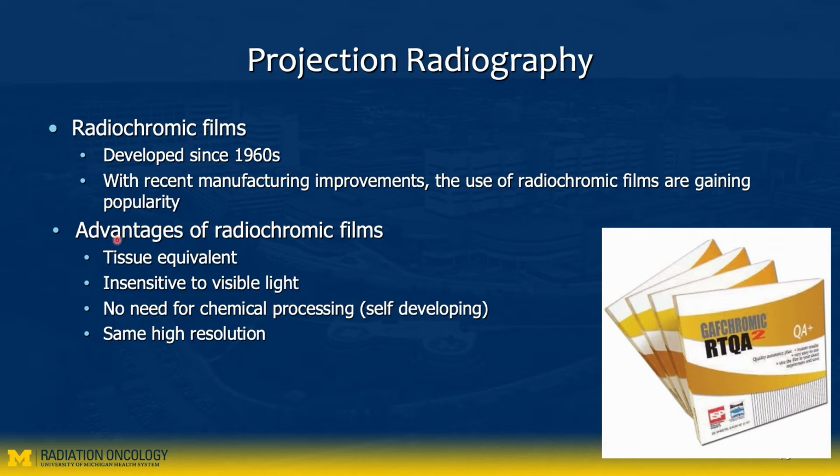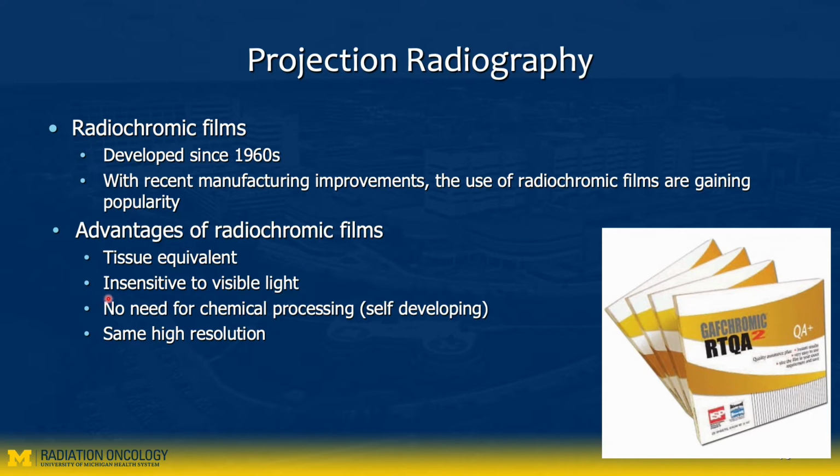Any disadvantage of radiographic film is actually an advantage of radiochromic film. So it is more tissue equivalent. You remember, what is radiographic film made out of? It's silver, a high Z material, so there's energy dependence. Whereas radiochromic film has a tissue equivalent material. There's no silver metal.